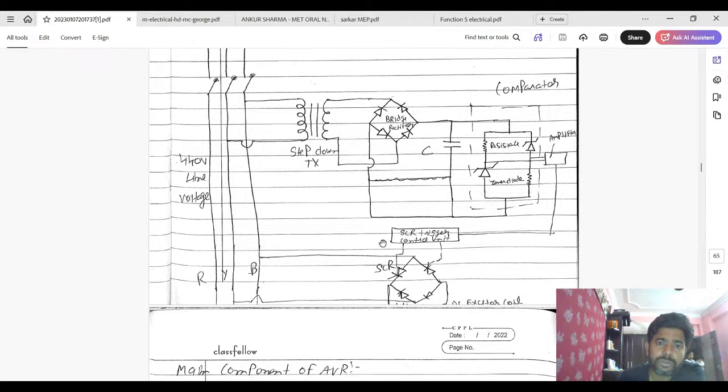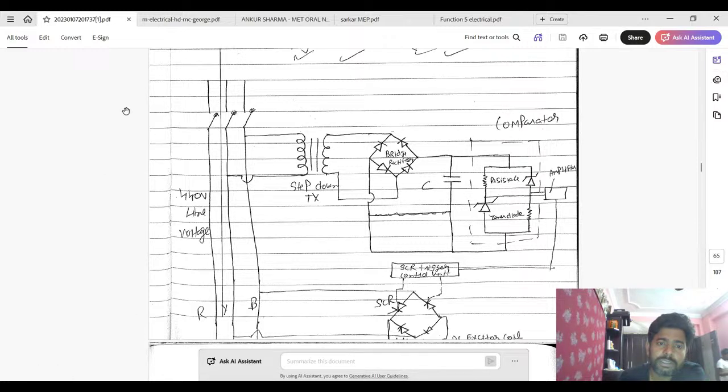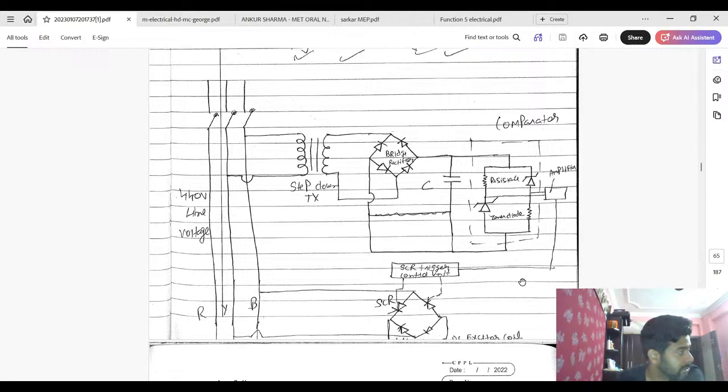So one question arises: is this AVR working continuously? At the starting, until the rated voltage is achieved, it is getting triggered.